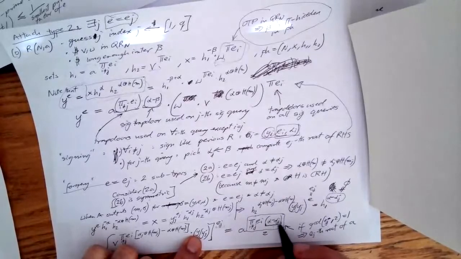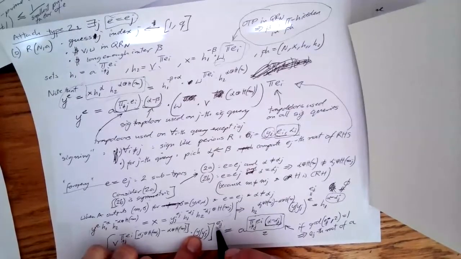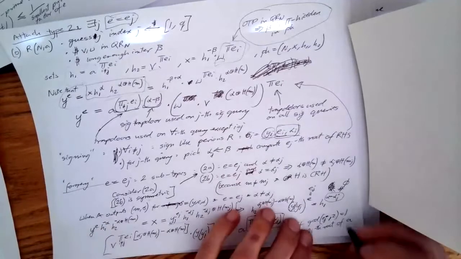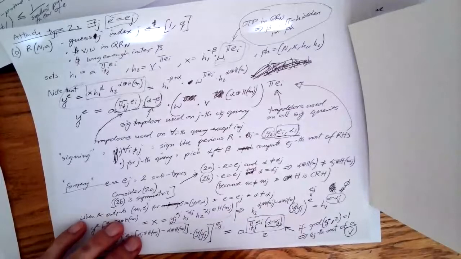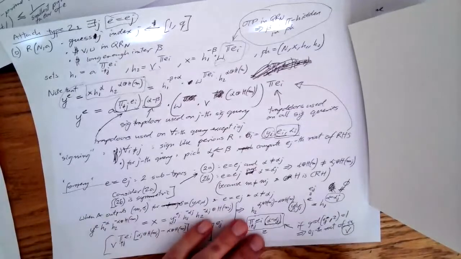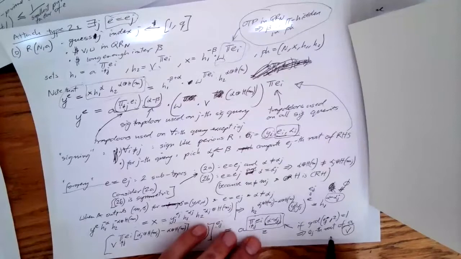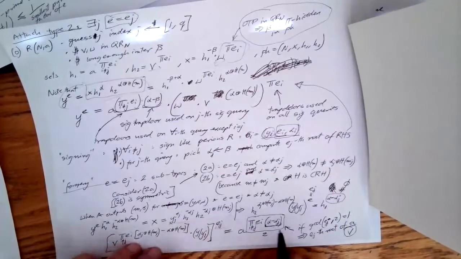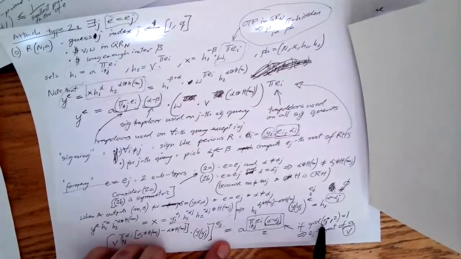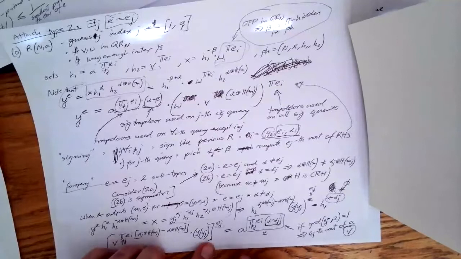So nothing like this can be not co-prime with EJ. So we win. Shall I repeat why this is co-prime? No, that's fine.